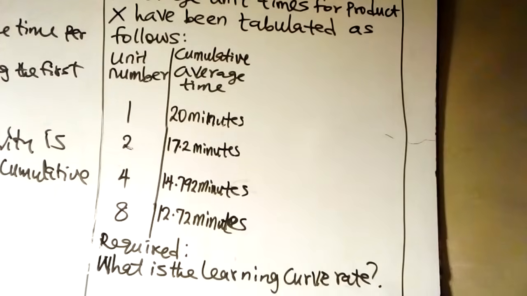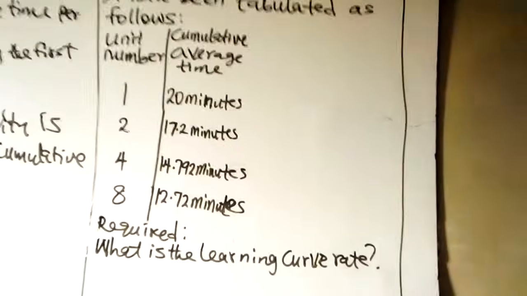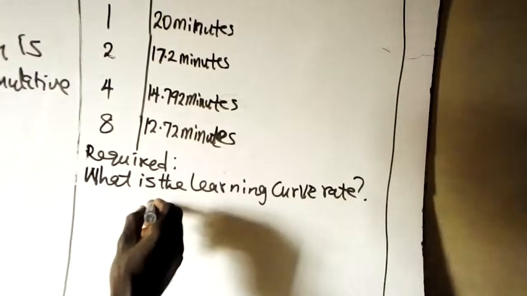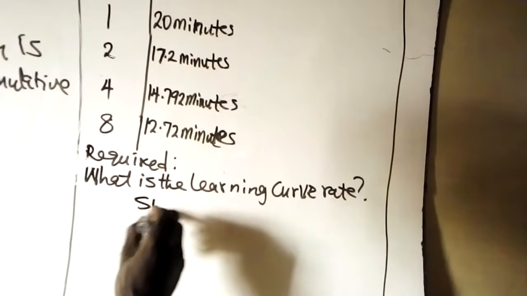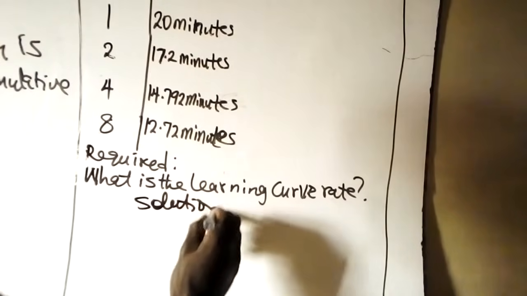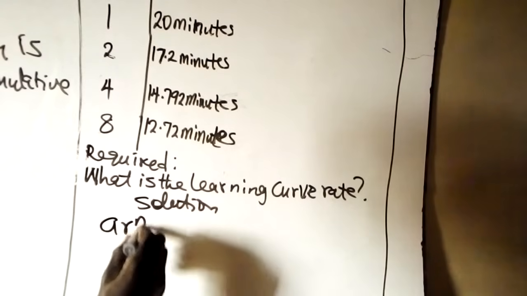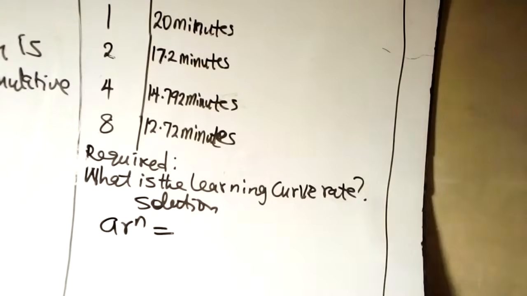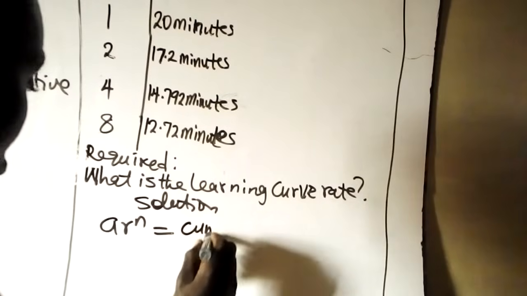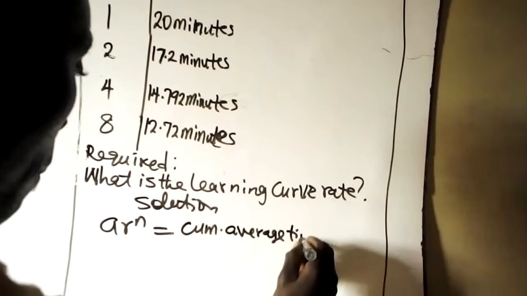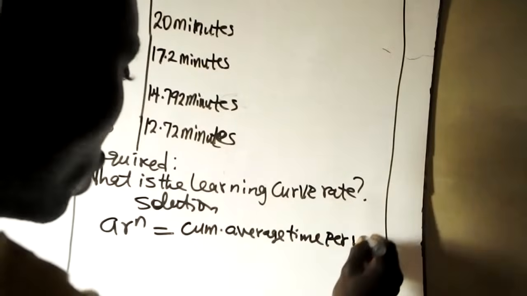I want to start with the algebraic method. So, solution. Using the algebraic method, the formula is A R raised to power n, which is equal to the cumulative average time per unit.